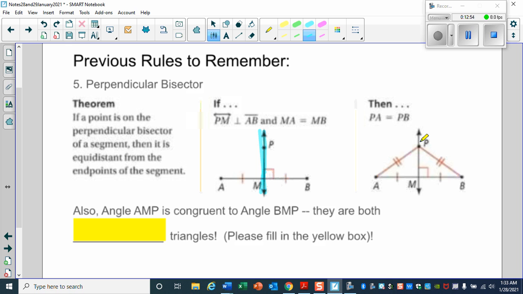And then the other thing is angle AMP, this angle right here. And again, one thing, trace. If you see angle AMP, A is where you start, find A, go to M, and then M tells us we have to go to P. Now, these two angles, AMP, BMP, same thing.